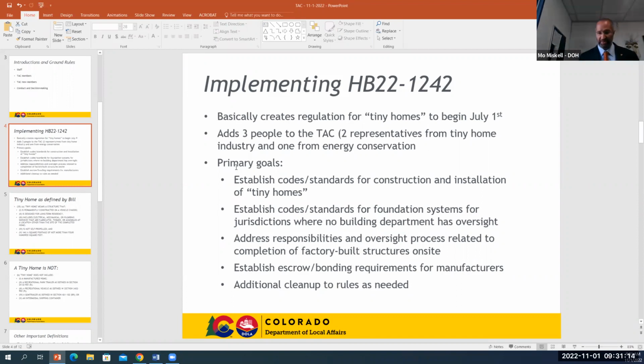We've already talked about new members on the TAC. We've introduced 2 of them. There's a third one that's missing. Excuse me. That I've been working to appoint. Another reason we had a bit of a delay. Well, actually, a good part of the delay was trying to pick the 2 members from the tiny home industry, but we're still short one person from energy conservation.